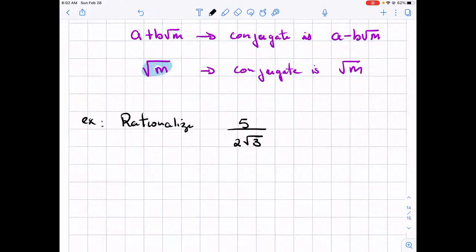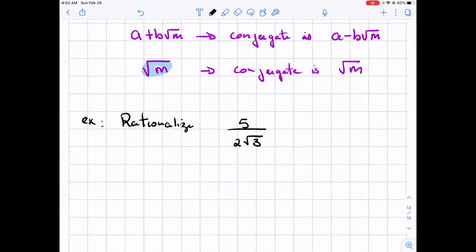Now remember, the whole idea, I just don't want you to memorize these things. The whole idea of getting rid of a square root in the denominator is by removing the square root. And the only way we can remove a square root is when we add the powers of the radical, what makes it 1.